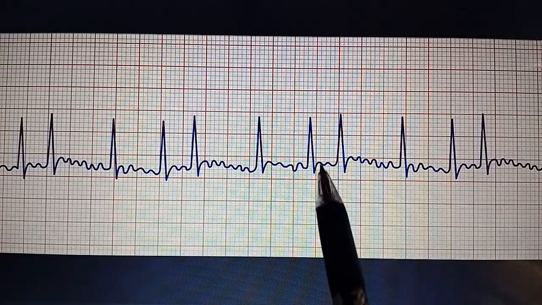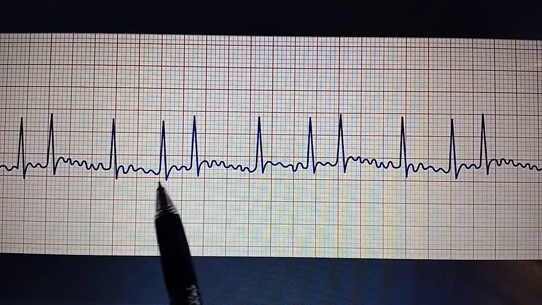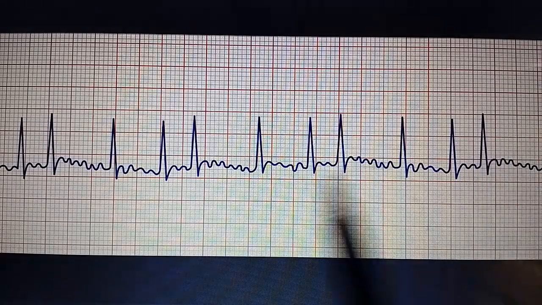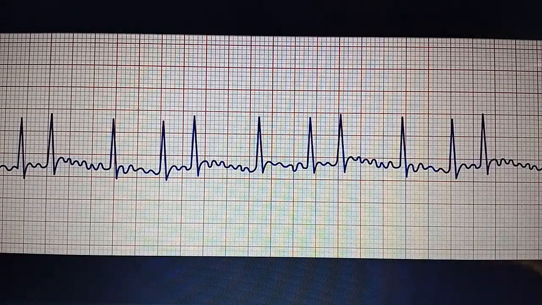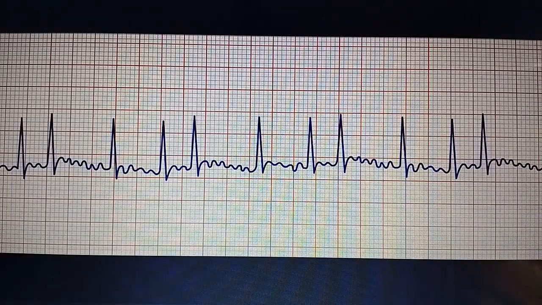So in case of atrial flutter, there are P waves present, but in the shape of sawtooth. And in the cases of atrial fibrillation, there are no P waves or PR interval appreciable, and the rate is 100 to 150, and the rhythm is actually irregular. Pulse is appreciated in the cases of atrial fibrillation.